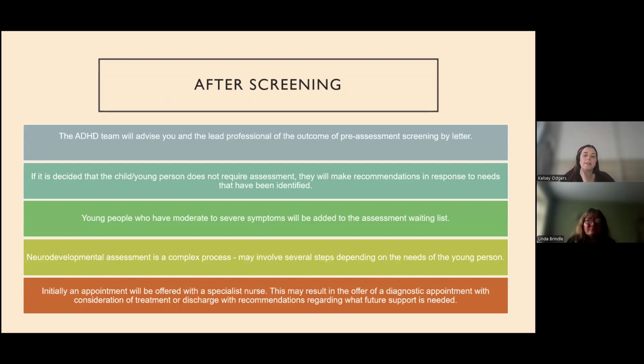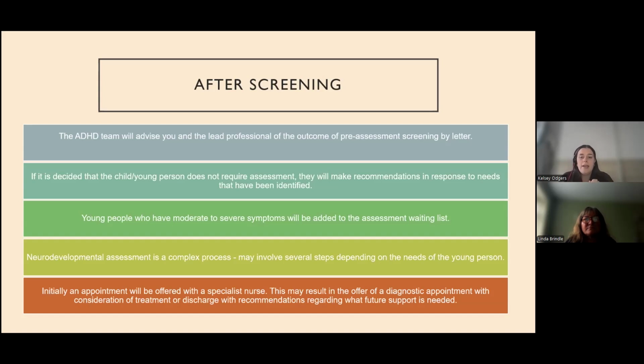And if they then decide, on the basis of that screening, that the young person does not require an assessment, they will make recommendations in response to that young person's needs that have been identified as part of that screening process. But those young people that have the more moderate to severe symptoms will be added to the assessment waiting list.